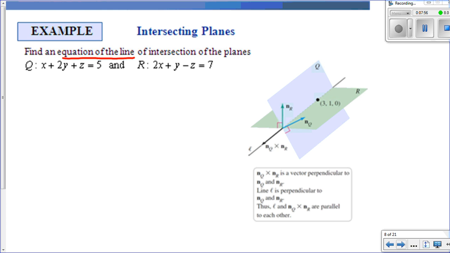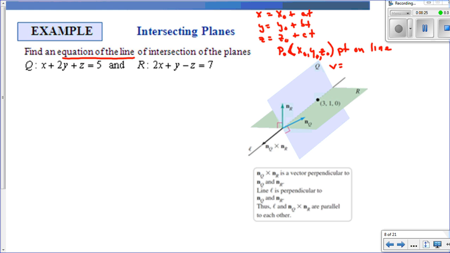So remember, the equation of a line was given by x equal to x naught plus at, y equal to y naught plus bt, and z equal to z naught plus ct, and that's where the point x naught, y naught, z naught is a point on the line, and the vector v, which is abc, is parallel to the line.